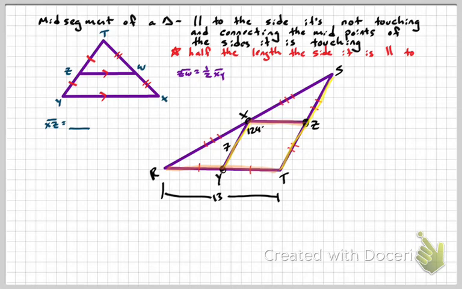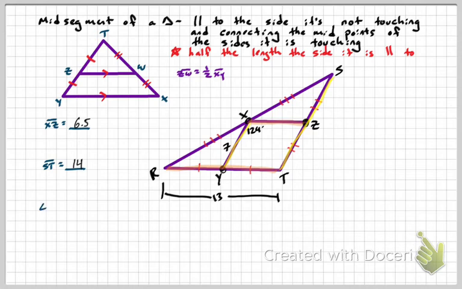XZ is not touching RT. So if RT is 13, that means XZ is 6.5. Okay. What is the length of ST? Well, ST is not touching XY. XY is 7. XY is half of ST, so if XY is 7, then ST has to be 14.